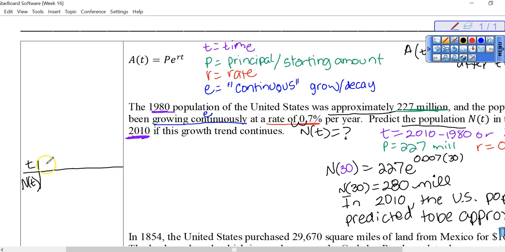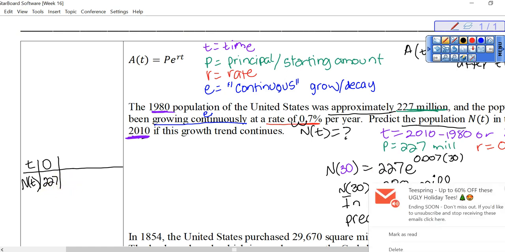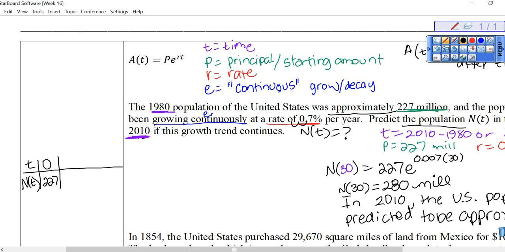We already know that at year 0, 1980, there were 227 million people. Now, here's the thing. I want to see at least 5 pairs of data in your analysis.